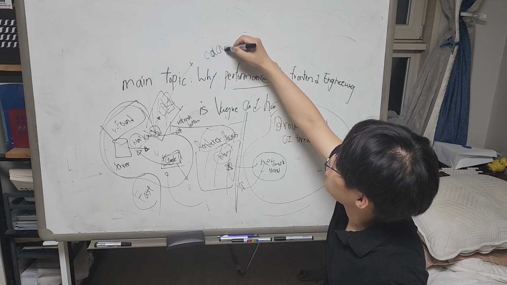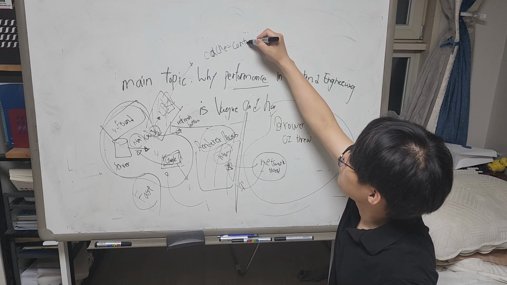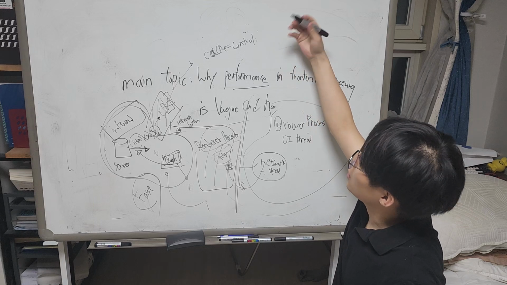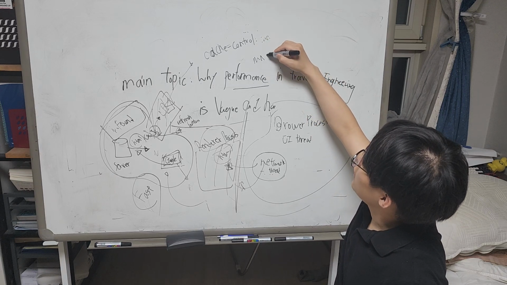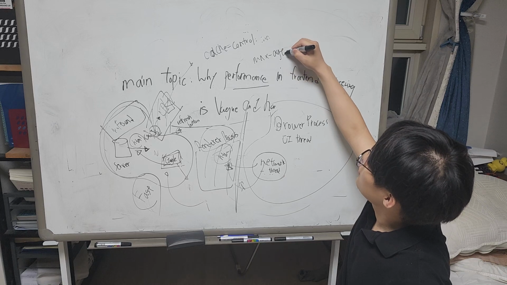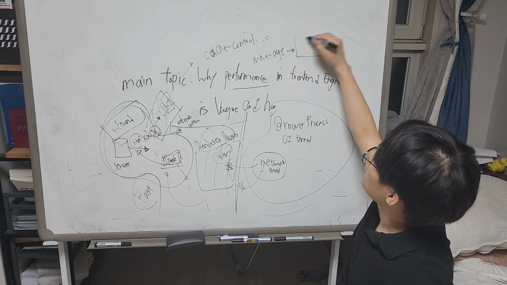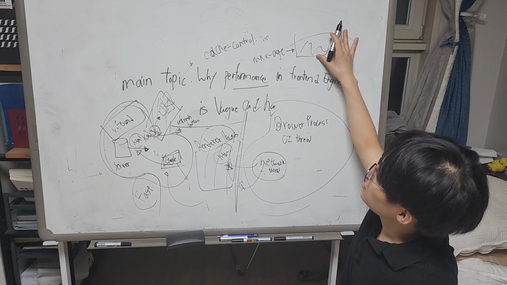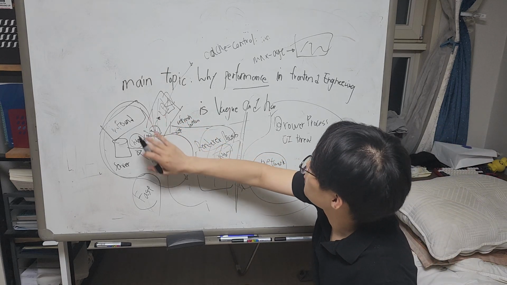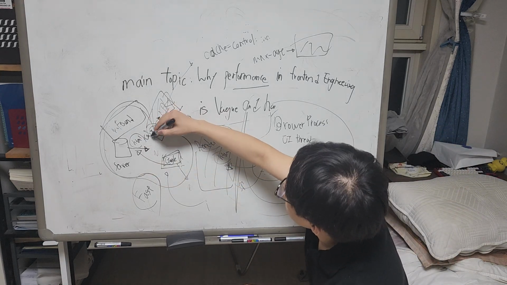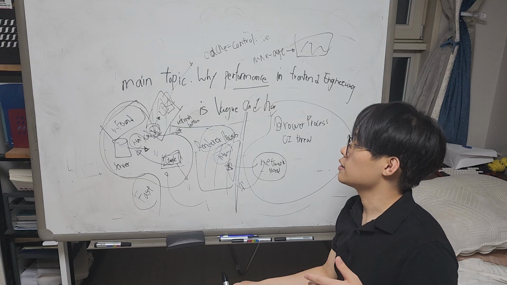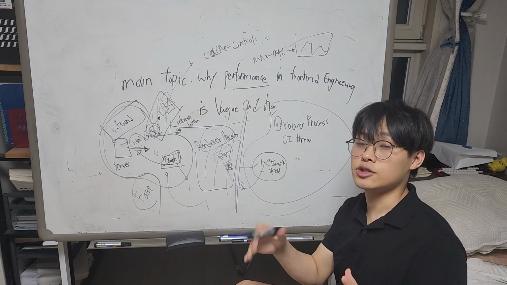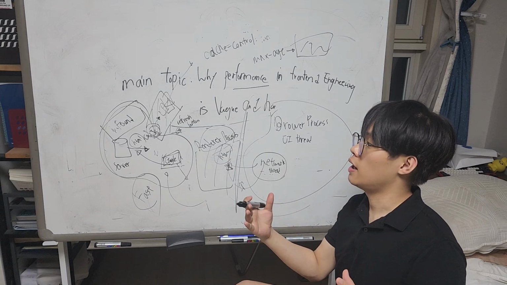This is called cache control, and you can put a max age, some kind of number up here, and based on that you can put the JavaScript into cache so that it doesn't frequently revalidate.